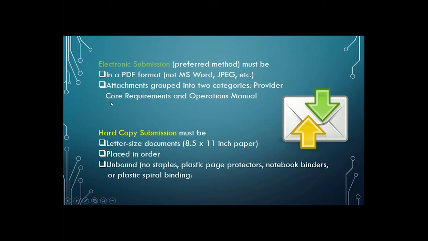You also have the opportunity to submit your application as a hard copy if you wish, but in doing so, be sure to utilize only the standard letter size document of 8.5 by 11 inches. Place your documents in order and make sure that they are unbound so that SDS staff in the PCC unit can upload your information into an electronic format.